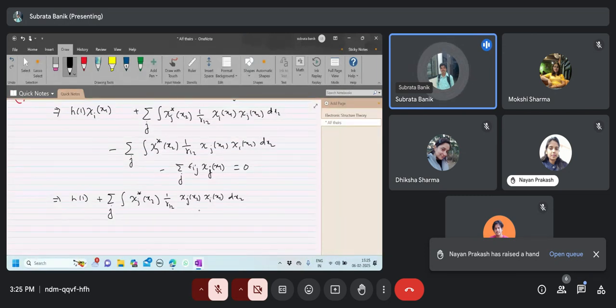I hope you agree with this. All I did was these are two functions, they commute, so I am just interchanging them and rewriting.